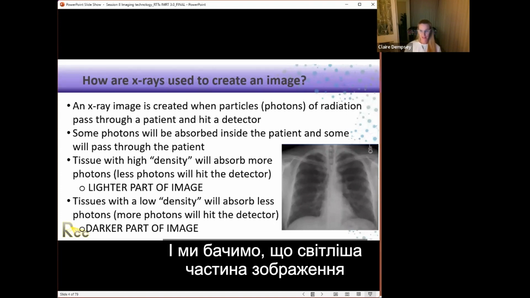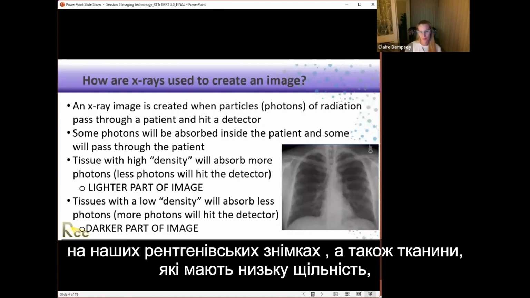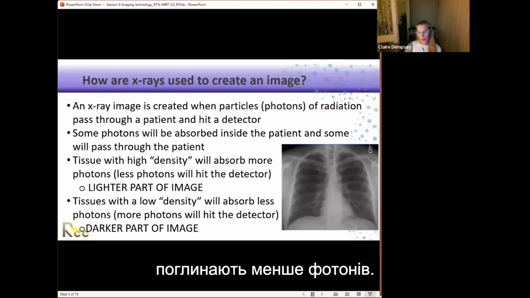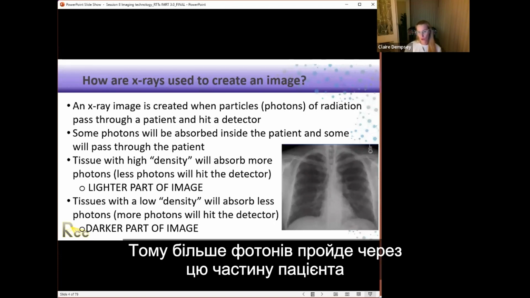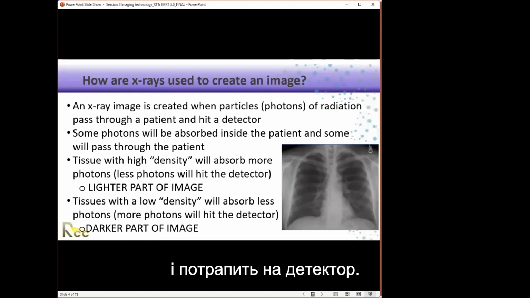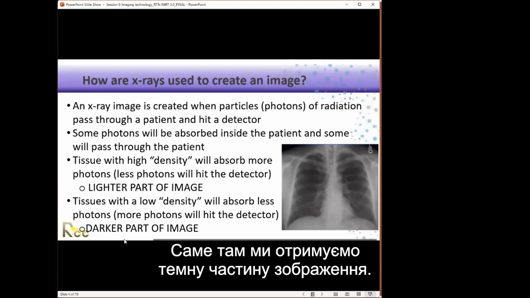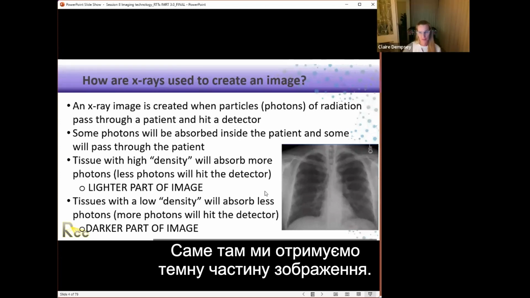And we see that as the lighter part of the image on our X-ray images. Tissues that have a low density will absorb fewer photons, so more photons will pass through that part of the patient and hit the detector. That's where we get the darker part of the image.